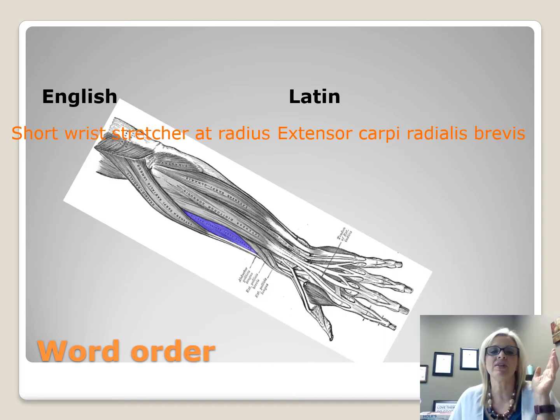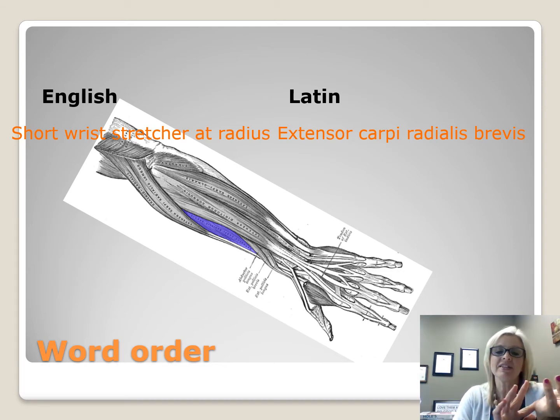So here we have an example. We have the extensor carpi radialis brevis. That sounds like a lot, right? Well, you have to break it down to what the words mean. Extensor means it is going to extend a part or stretch it out. Carpi, well, what does that sound like? Carpal, so it's talking about the bones of the wrist. Radialis, what does that sound like?